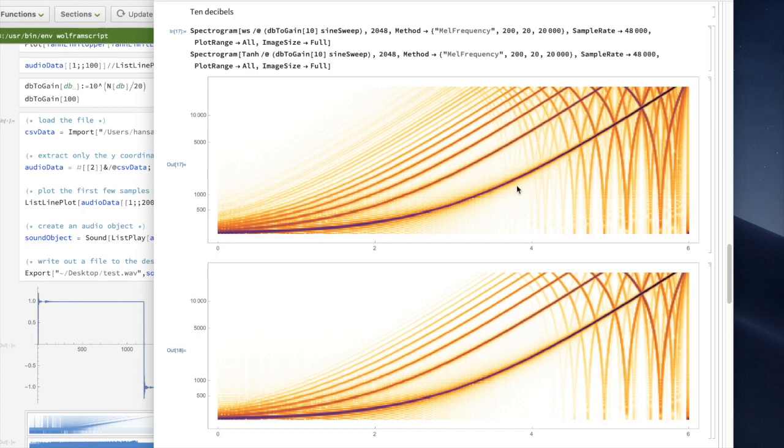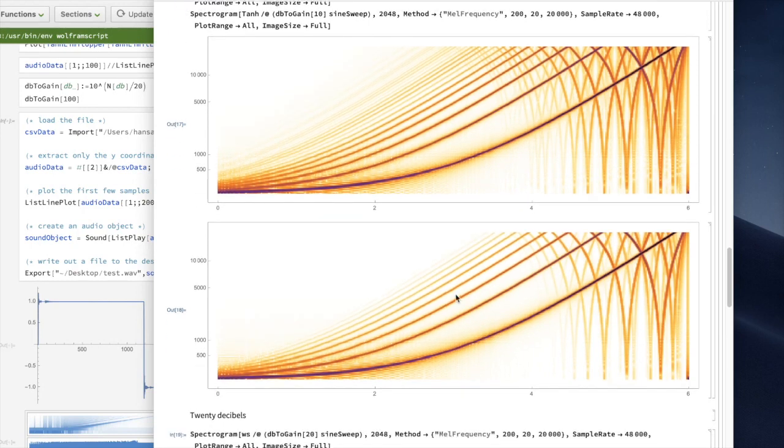It creates an enormous amount of aliasing, creates a lot of harmonics, which is what we're trying to do with a saturator, but this aliasing would be really bad for your sound. You wouldn't want to do this to any kind of audio that you're running. And the hyperbolic tangent, because it's softer, turns out to be much better at handling the case where you're breaking the rules a little bit. You push the gain beyond the normal limits.